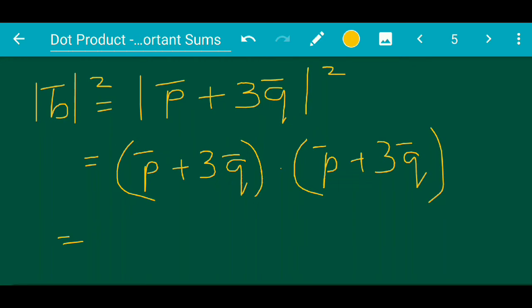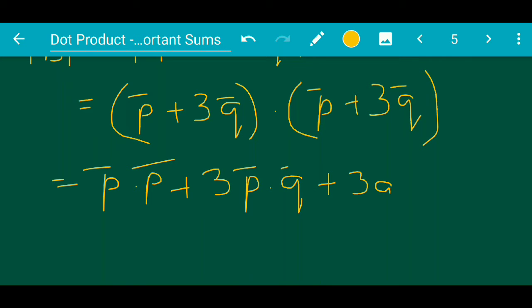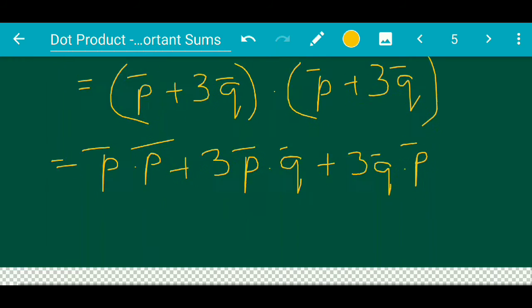Now that you know how the brackets are expanded, let me skip one step and write it over here. So we get p dot p plus 3p dot q plus 3q dot p plus 3 into 3, 9 q dot q.